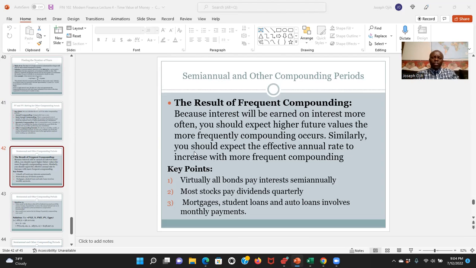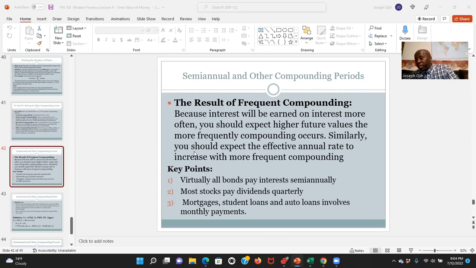Now, virtually all bonds in America are compounded semi-annually, that is twice a year, which means that if you buy a US bond, you receive the coupon payment twice a year. Stocks in the US report profits quarterly.